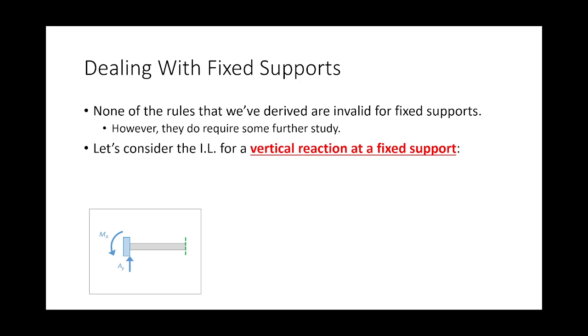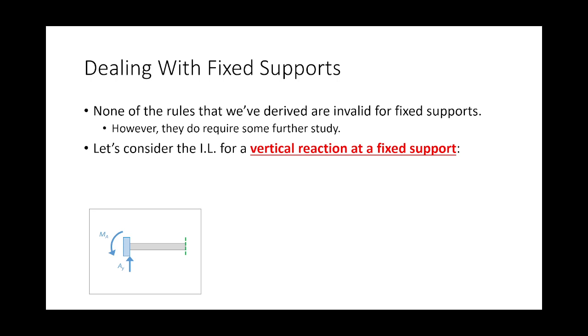So, I want to consider the influence line for this fixed support. Now, y'all might want to watch this. We are considering the influence line for the vertical reaction, and I want to be clear, only the vertical reaction. When you draw an influence line, you draw an influence line for a response of interest. So all I'm considering is this. Now tell me how the Mueller-Breslau principle works.